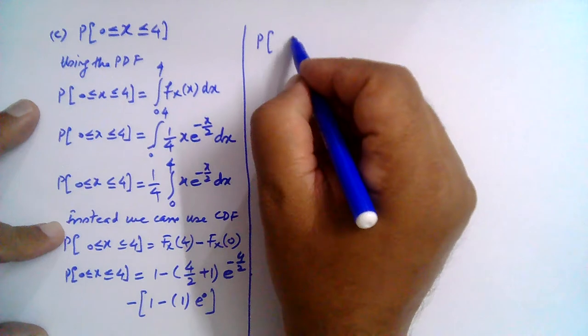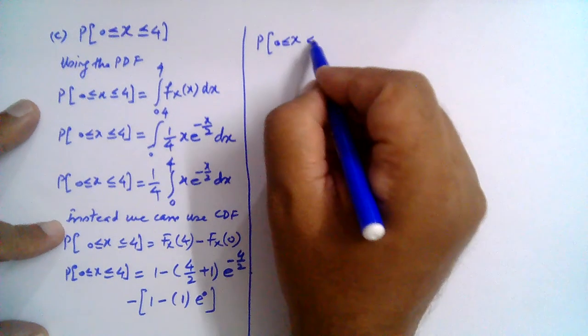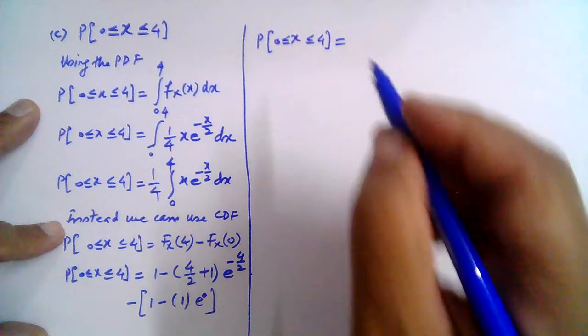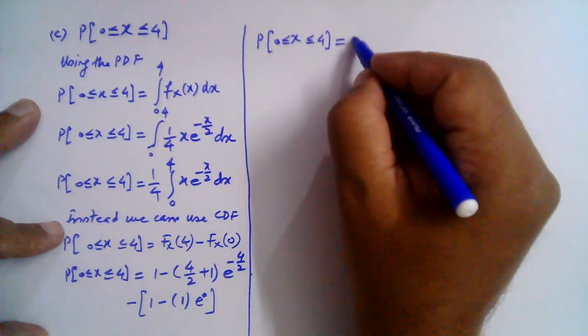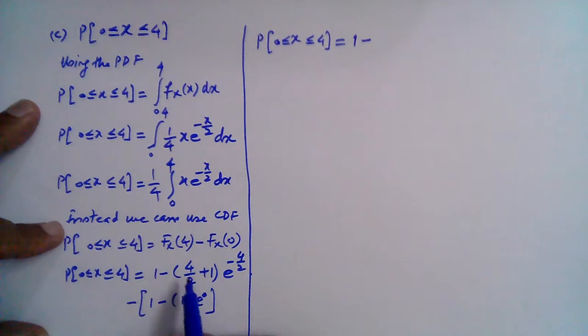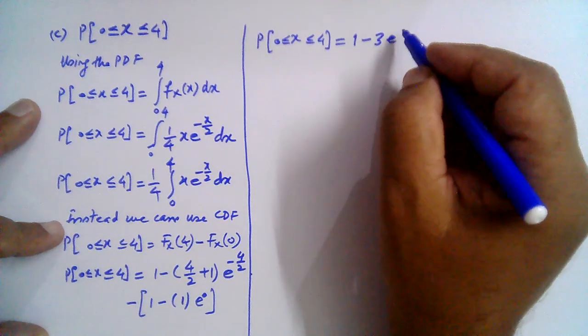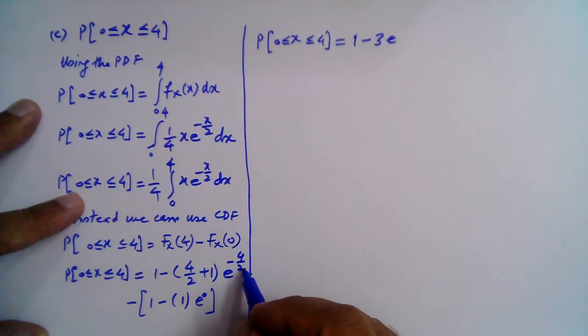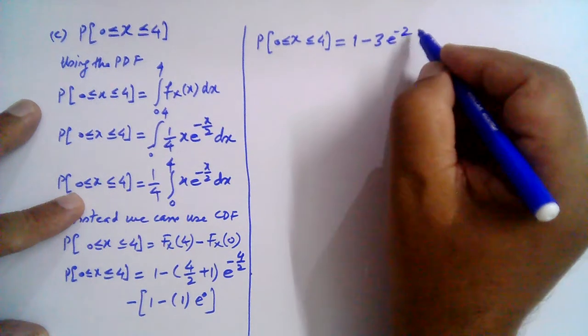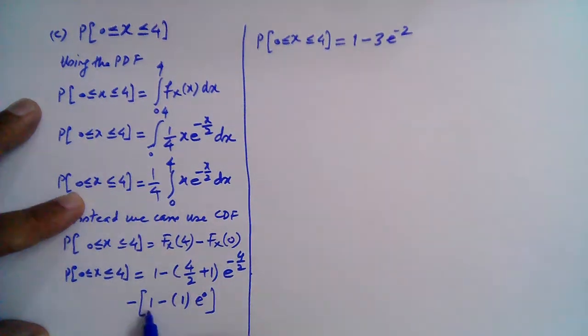So the probability that x is greater than or equal to 0 and less than or equal to 4 is equal to 1 minus, 4 over 2 is 2, 2 plus 1 is 3. So this is 1 minus 3 e raised to the power 4 over 2, which is minus 2, right? And this is 1 minus 1, right? And e raised to the power 0 is also 1. So this leaves us with 1 minus 1, which is 0.